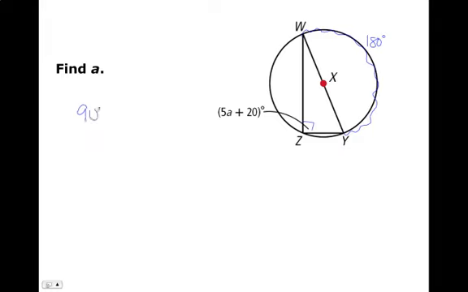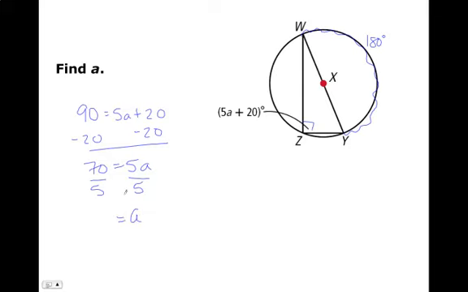So we have 90 equals 5A plus 20. And we should get that A is 14.